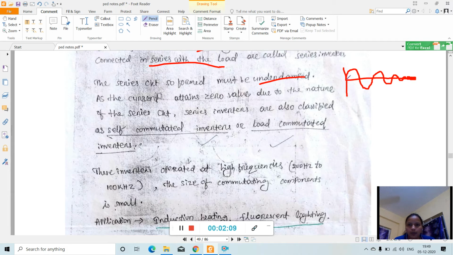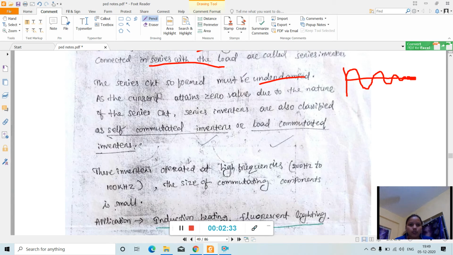Here the output current starts from 0 and reaches a peak value, and then it reaches the natural current 0 position, and then it rises towards the reverse direction. Okay, so at this natural current 0 position the thyristor is commutated.